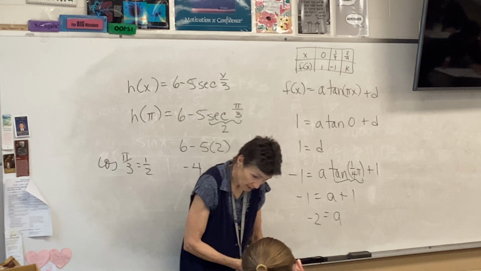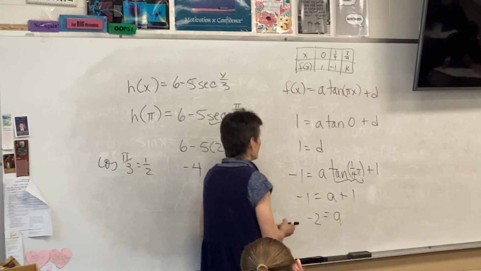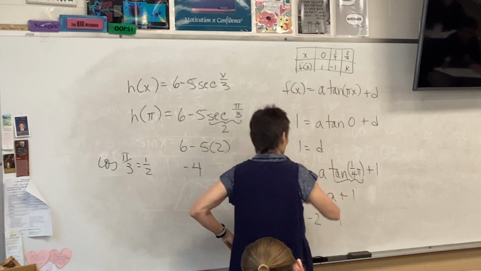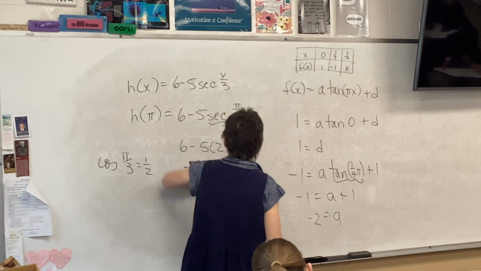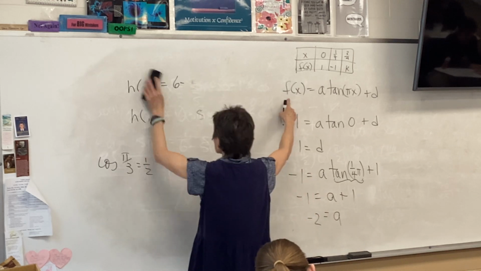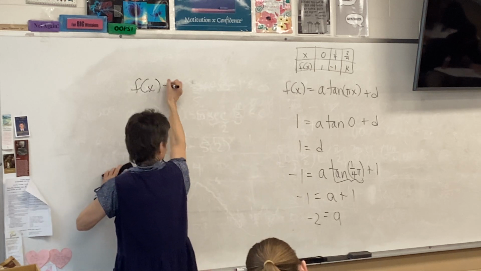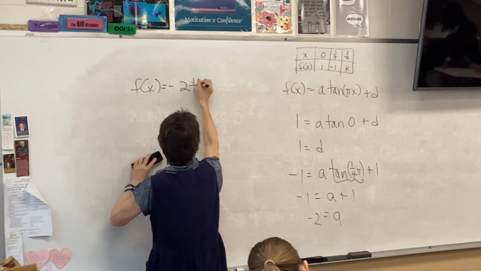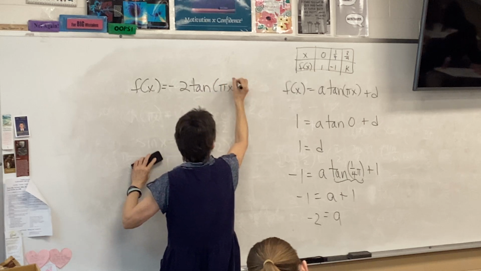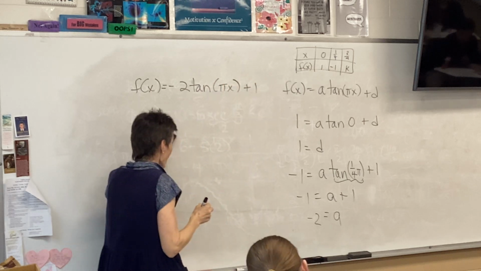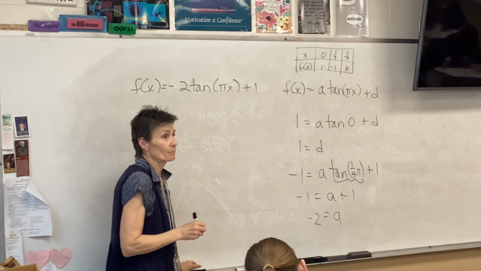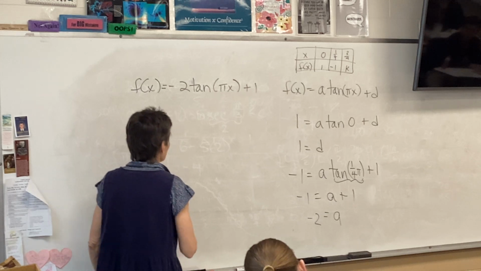And the question is, find the value of k, all right? So now I know what my equation is. My equation looks like this, but now I know that a is -2 and d is 1. So how can I find k? Plug in 3/4.